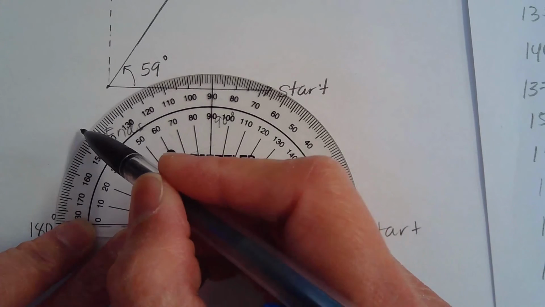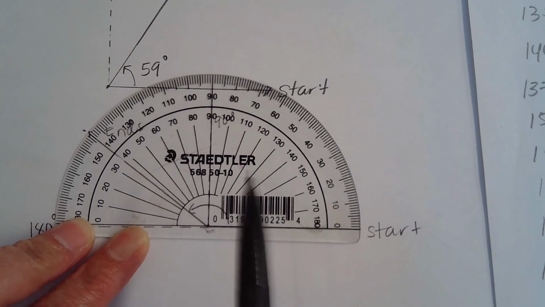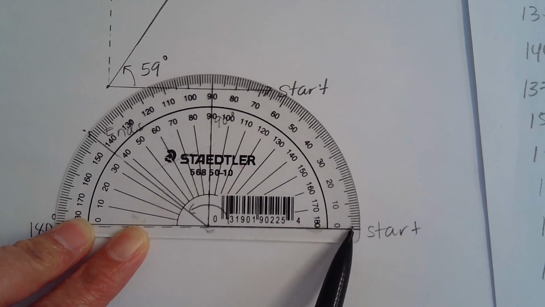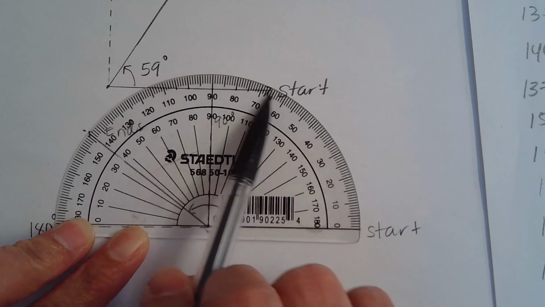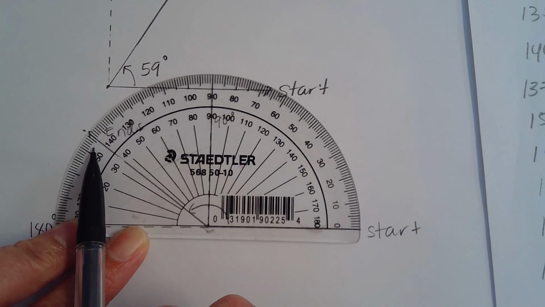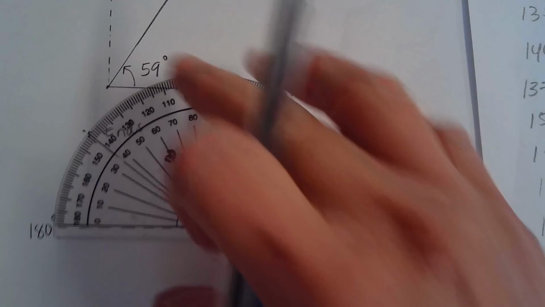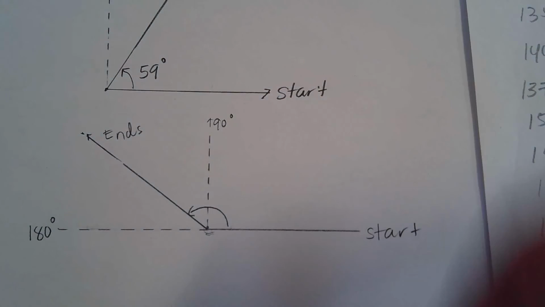And this one is the arm right there. How much is that? So this is going to be 0. This is 140, 145. That's 144. 144. Very good guess.